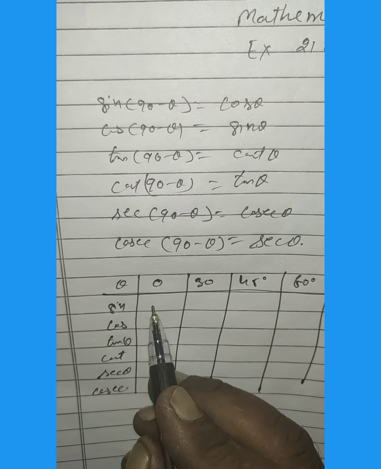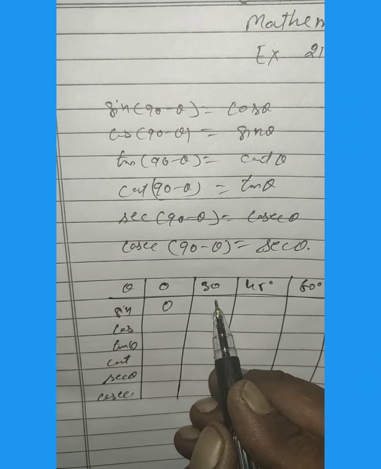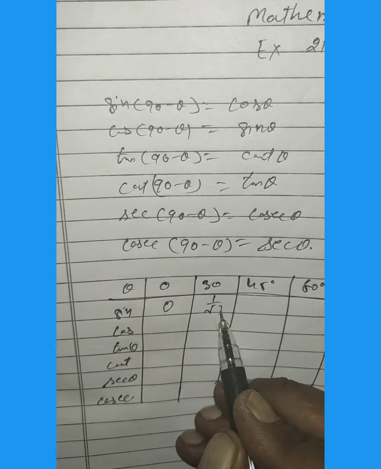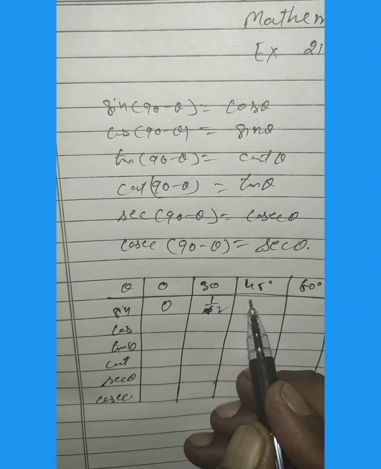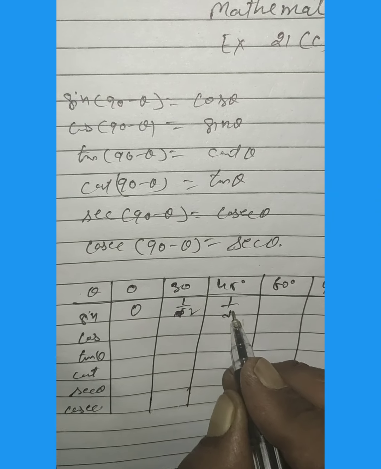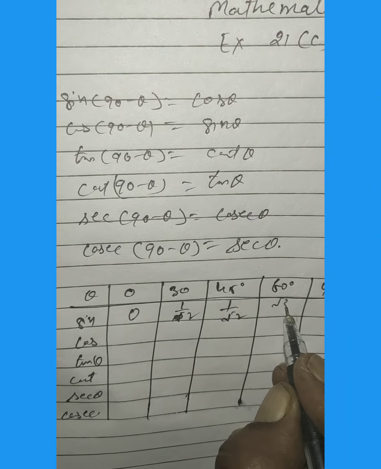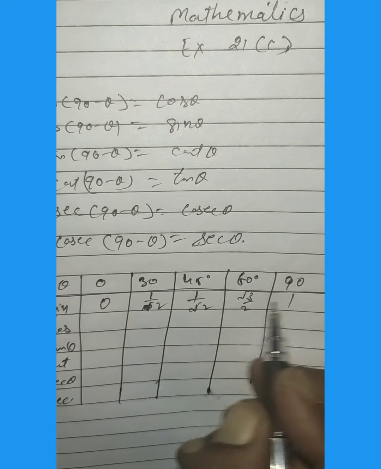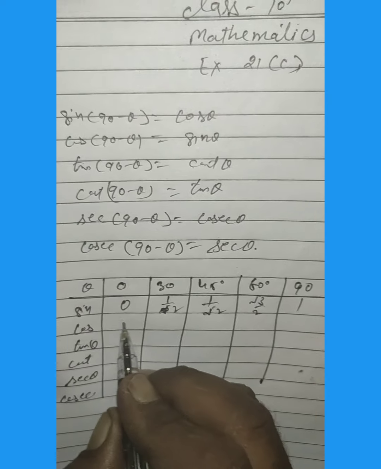First of all, sin 0 is 0. Sin 30 is 1 by 2. Sin 45 is 1 over under root 2. Sin 60 is under root 3 by 2. Sin 90 is 1.